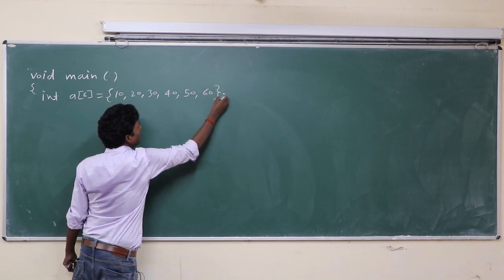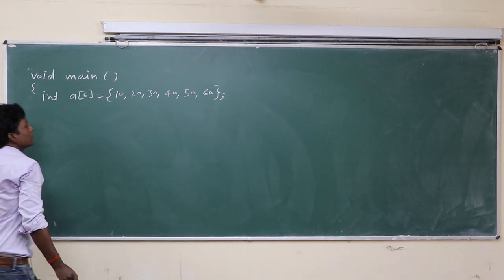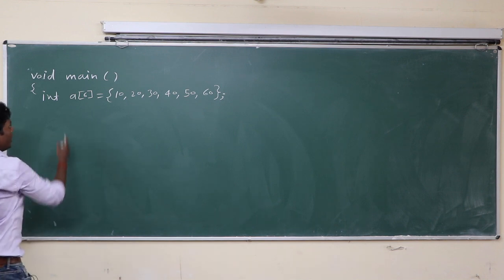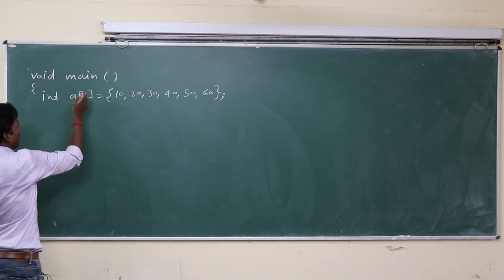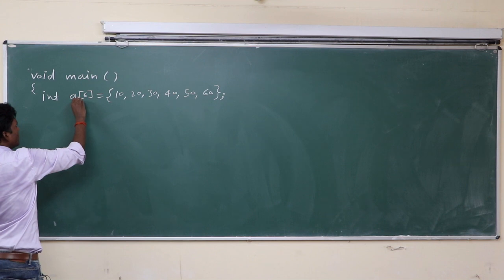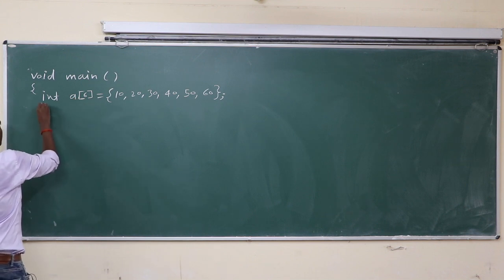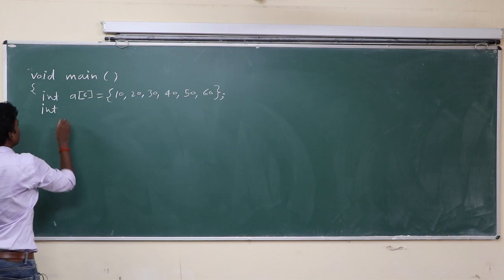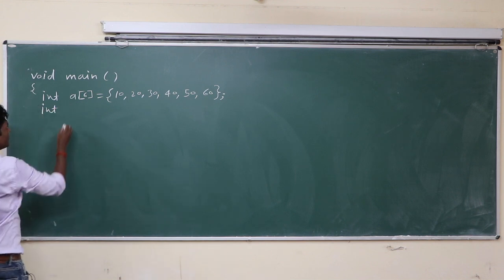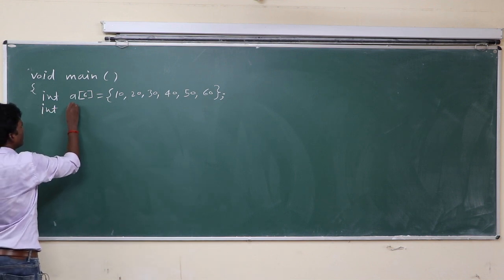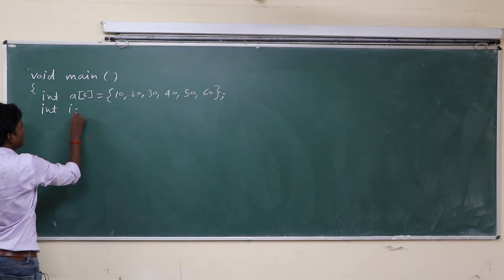There are 6 elements in array A, and the array is an integer array. Okay, there is one variable I declared here.